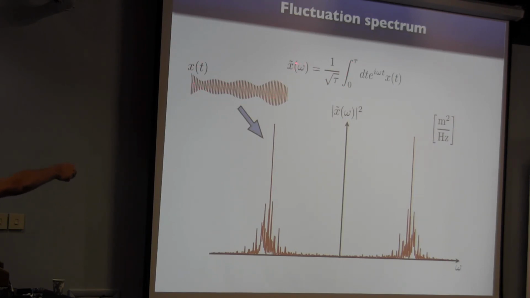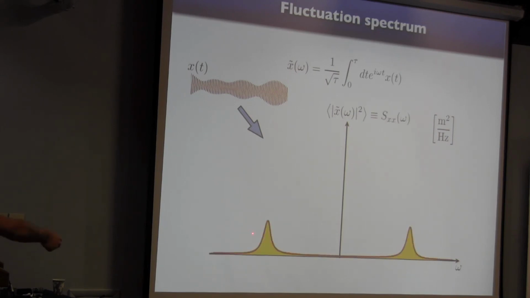We can imagine Fourier transforming that. And if I took the modulus squared of the Fourier transform, again, I get something peaked around plus the mechanical frequency and minus the mechanical frequency. If we now average that over many realizations of these fluctuations, we basically get our position noise spectral density.